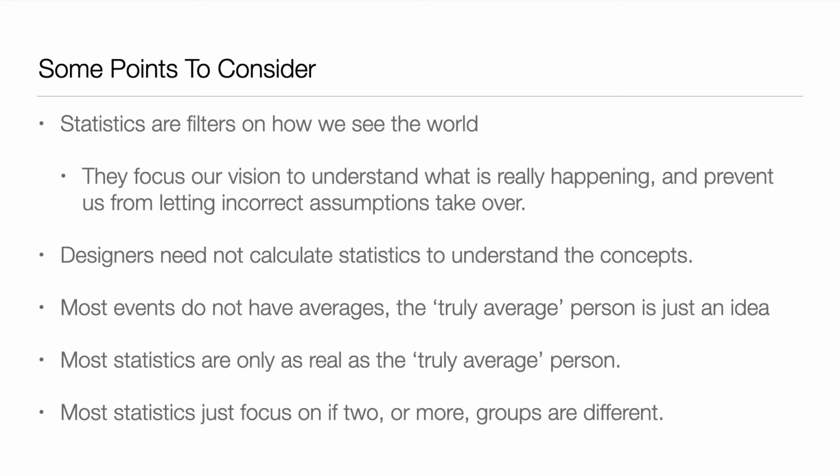As I said before, designers need not actually understand how to calculate statistics in order to understand the concepts. The hardest part of statistics is understanding what we're trying to achieve, the concepts, and that's what we're focusing on here today. Now, when we take it further, most events in life don't have an average.